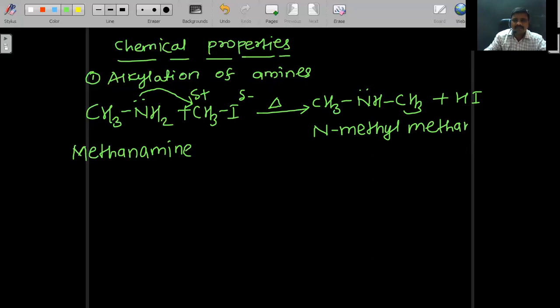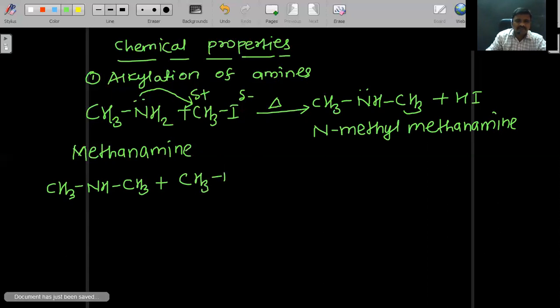This secondary amine again reacts with one more molecule of methyl iodide, CH3I. Again this nitrogen carries a lone pair of electrons.